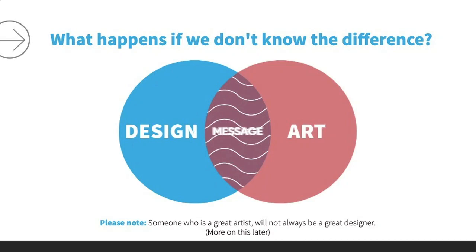So if I bring your attention back to the middle bit of the diagram here, I like to call that message distortion. If we place too much importance on one side, or we don't understand the difference between art and design, this can result in something called message distortion.